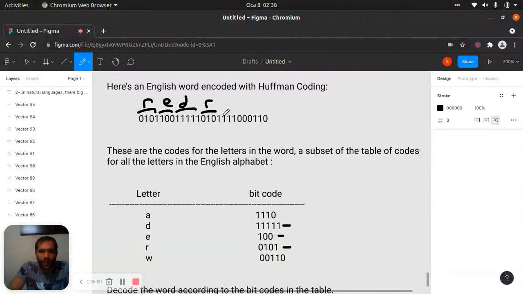And then we have 1110, which is A. Let's say this is A. And the last one, 0110.